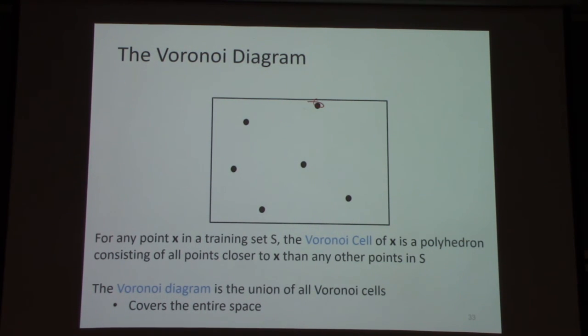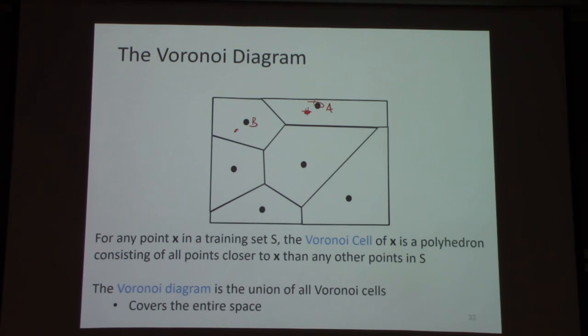So this point here, the red dot, is in the Voronoi cell of the point that I'm calling A. This point here is in the Voronoi cell of the point B, and so on. The Voronoi diagram is simply the set of all possible Voronoi cells. So it will look something like this. It covers the entire space. Questions?